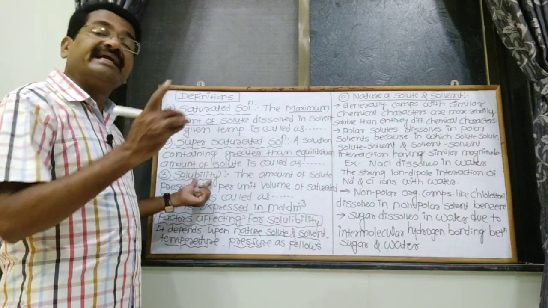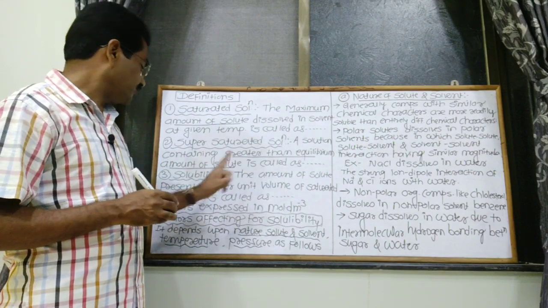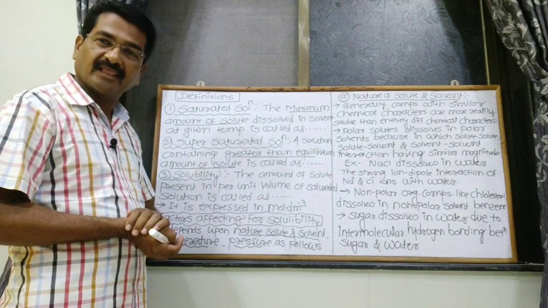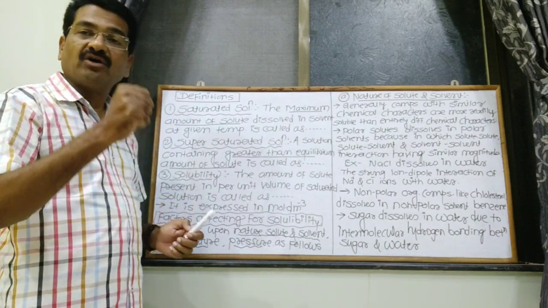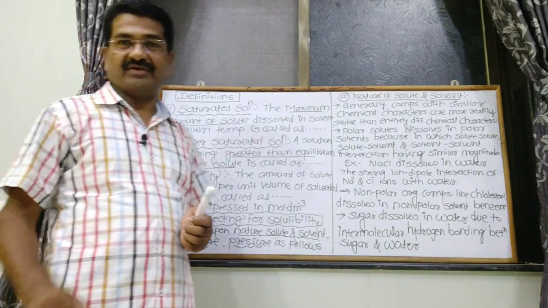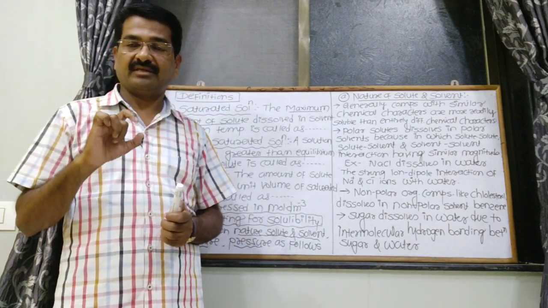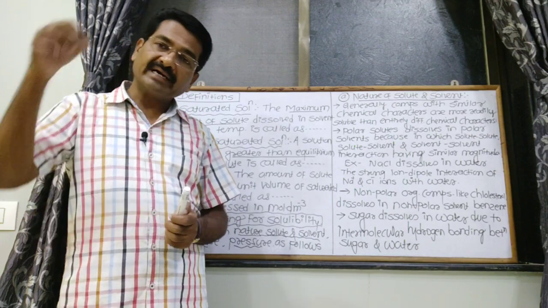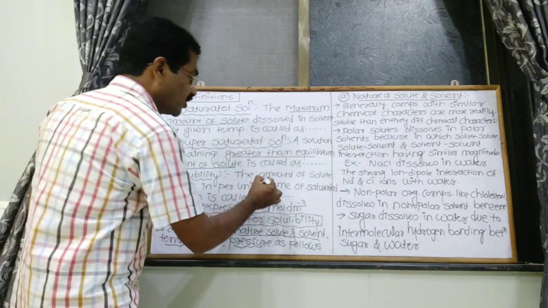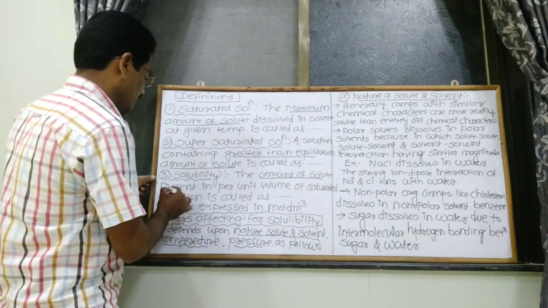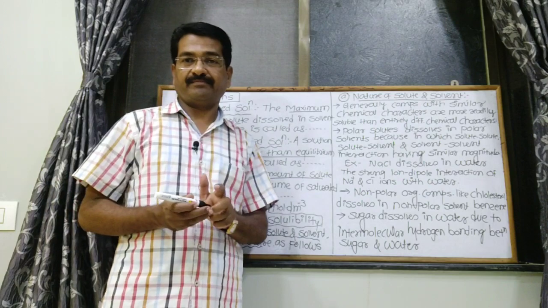Then solubility. Third term is the solubility. The amount of solute present per unit of volume. Whenever the solution is taken in dm cube or liter in volume, that volume, per liter of that volume, containing how much amount of solute is called solubility.